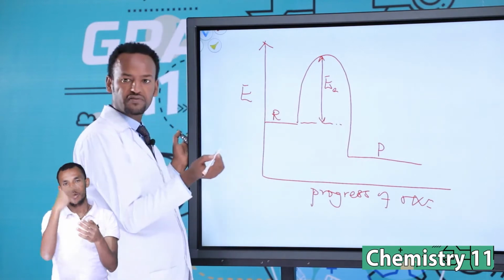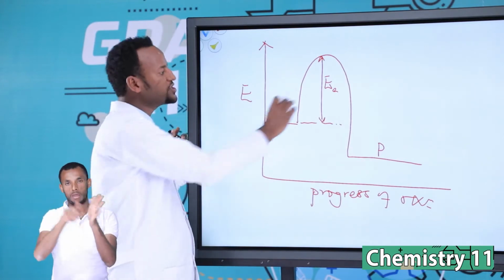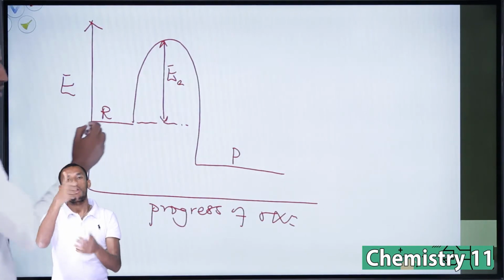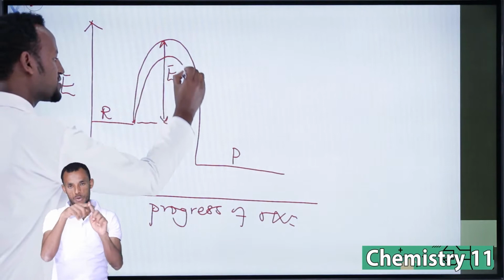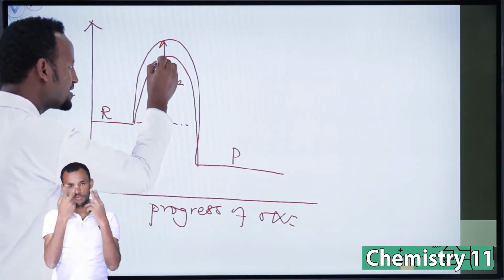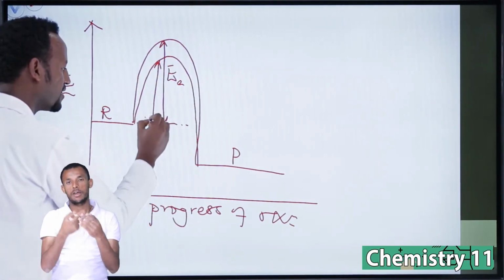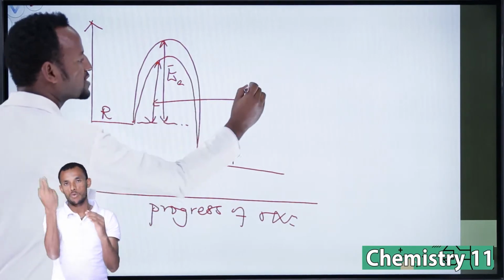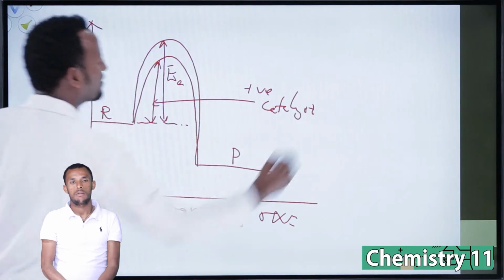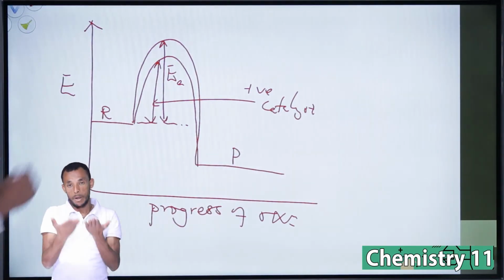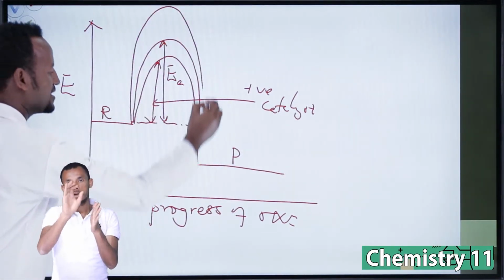By using a positive catalyst or a negative catalyst, the EA value changes. For example, by using a positive catalyst, the diagram looks like this. This is the lowered activation energy level. Maybe by using a negative catalyst, the graph looks like this.